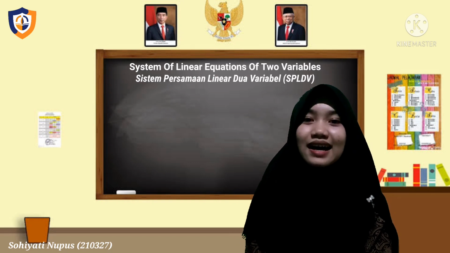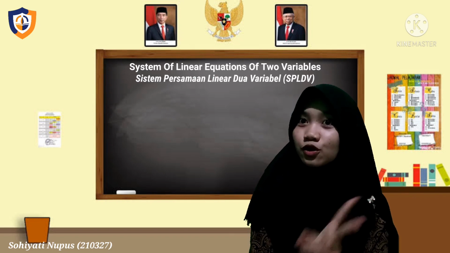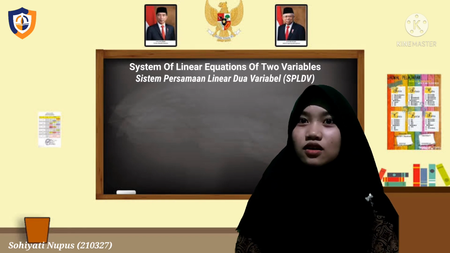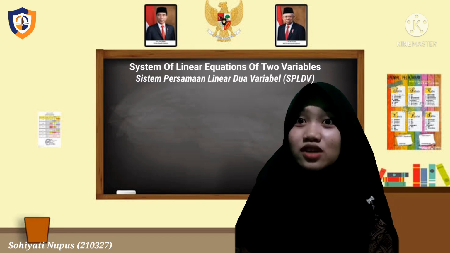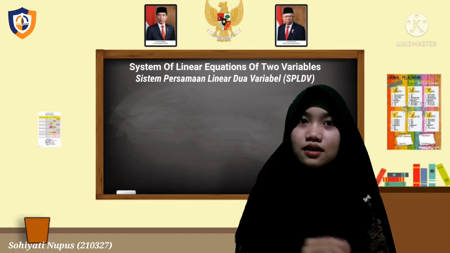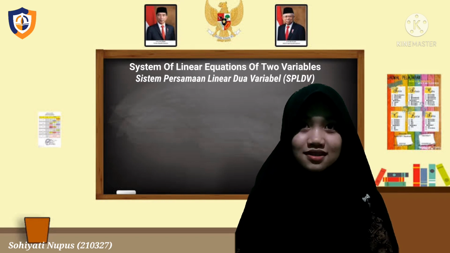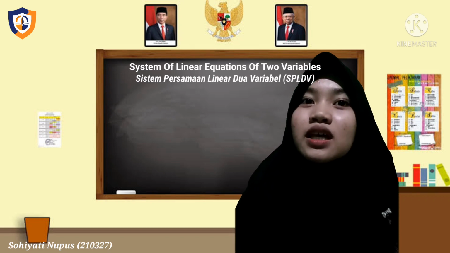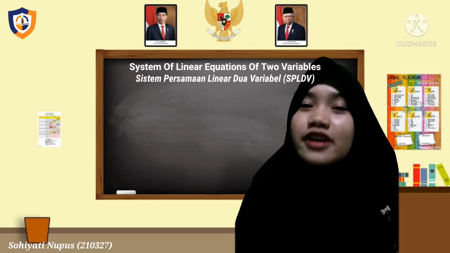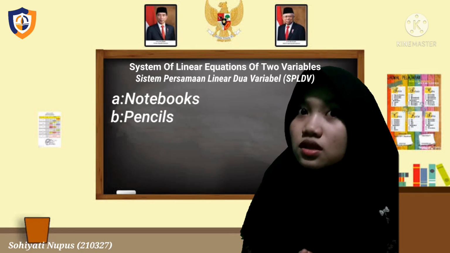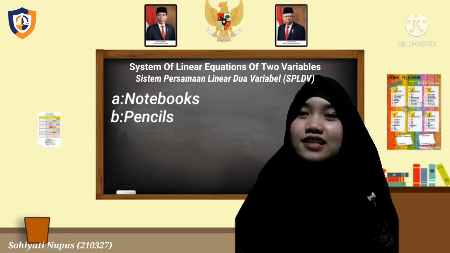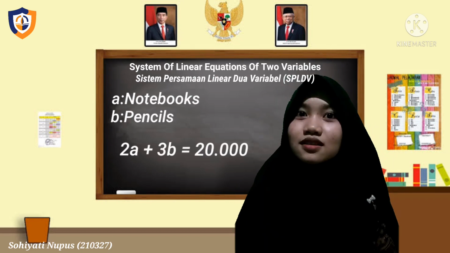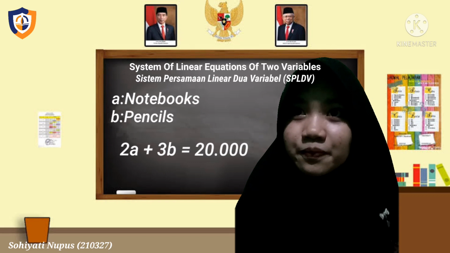In everyday life, we use PLDV, or linear equations of two variables, a lot. For example, Andi buys 2 notebooks and 3 pencils for 20,000. The question is, how much does each item cost? For the solution, for example, we take variable a for notebooks and b for pencils. So we can write 2a plus 3b equals 20,000.